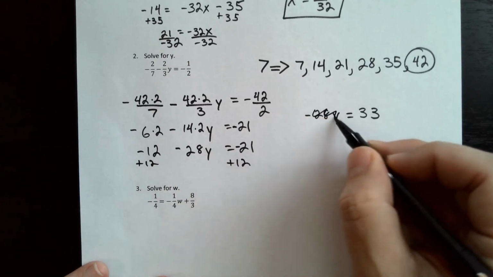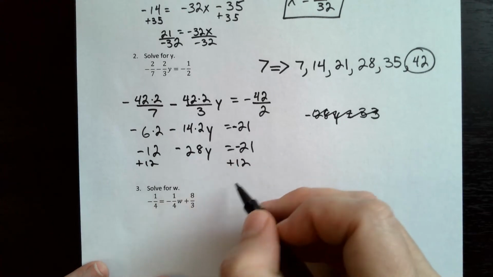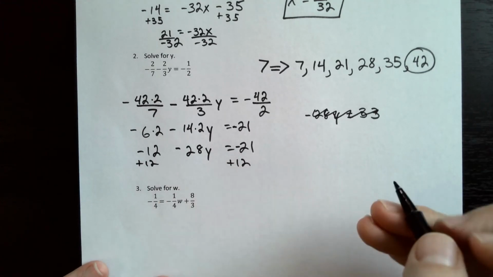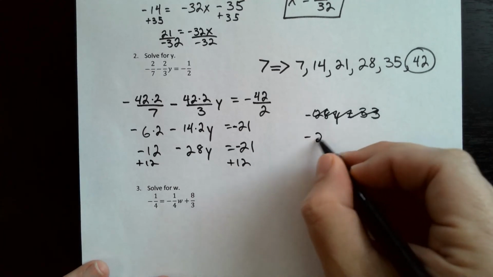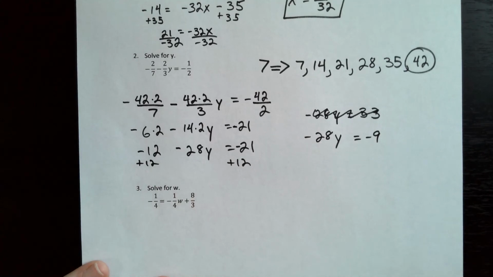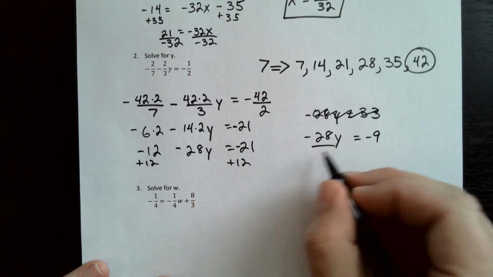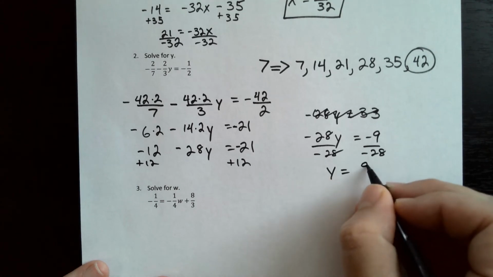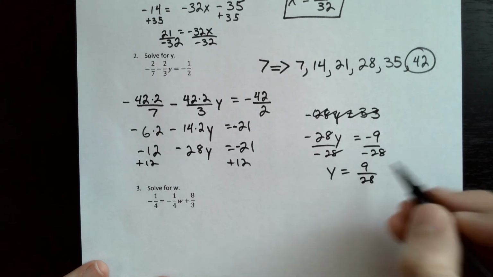So scratch this out, let's go back here. We add the 12 to both sides. Negative 21 plus 12 is negative 9. So you get negative 28y equals negative 9. And then if I divide both sides by the negative 28, I get y is equal to 9 over 28. And it's positive because of a negative divided by a negative.